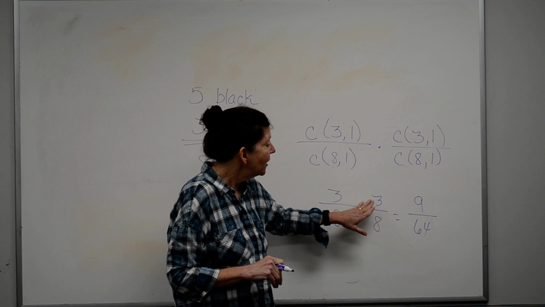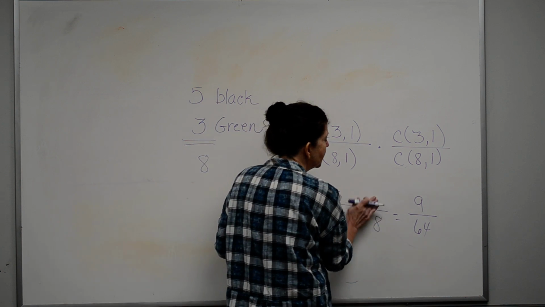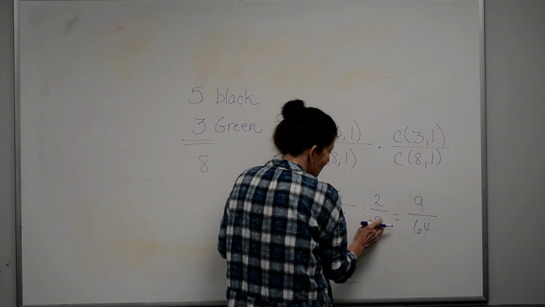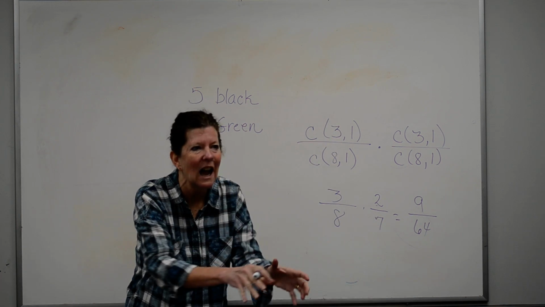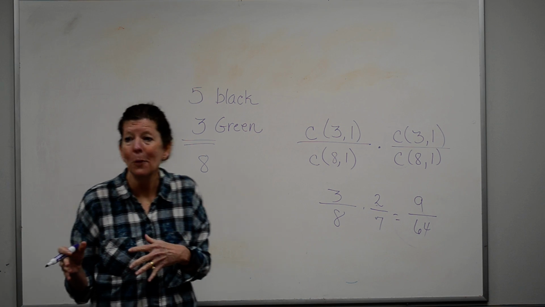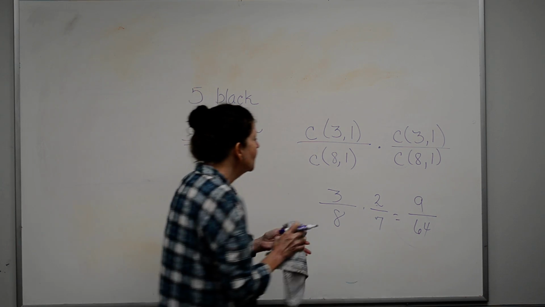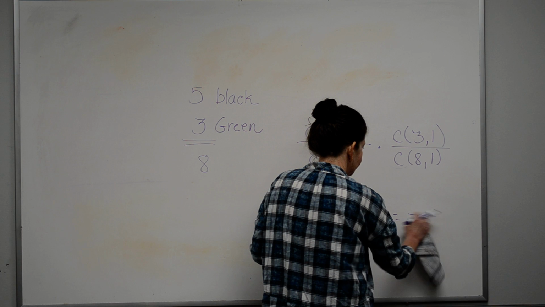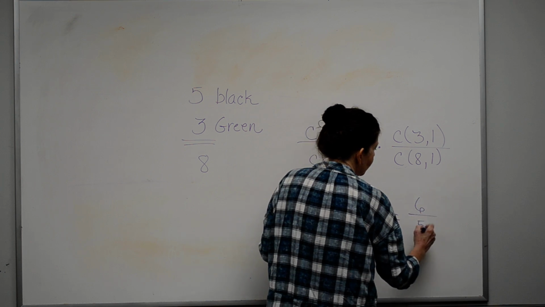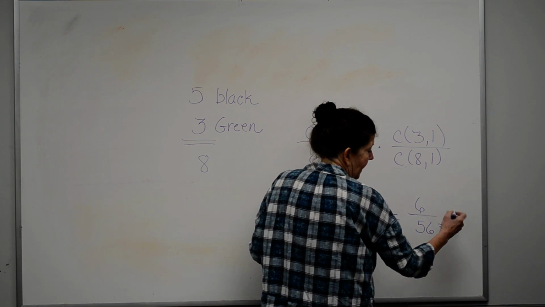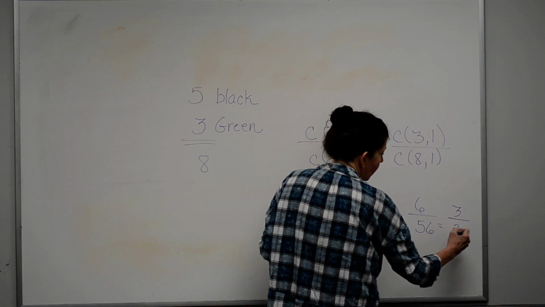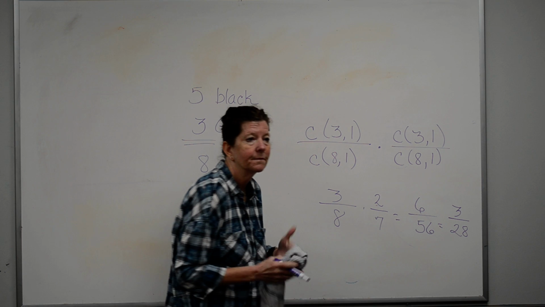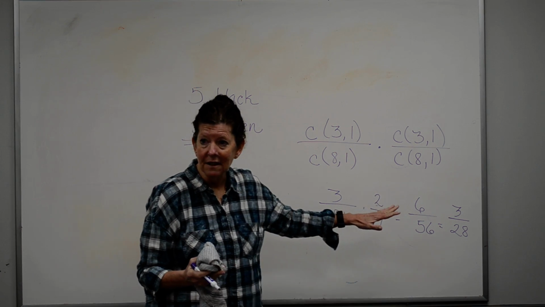Okay, it not only changes this to 2 on the top, but it changes it to 7 on the bottom because I've now taken one bowling ball away. Okay, so then this becomes 6 over 56, or if I divide both of them by 2, it's 3 over 28. Okay, does that make sense?